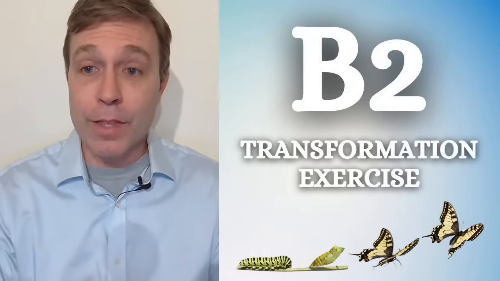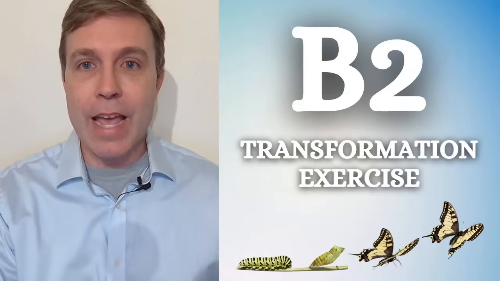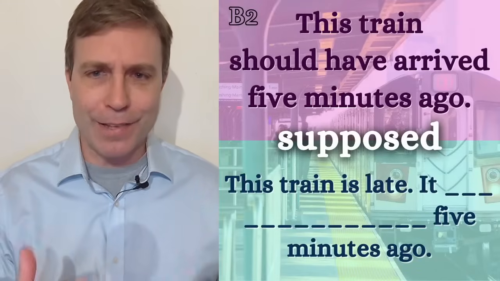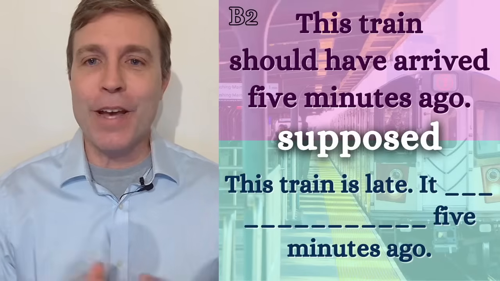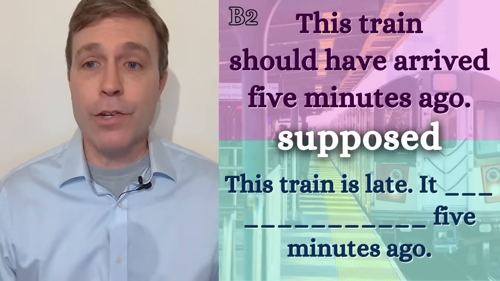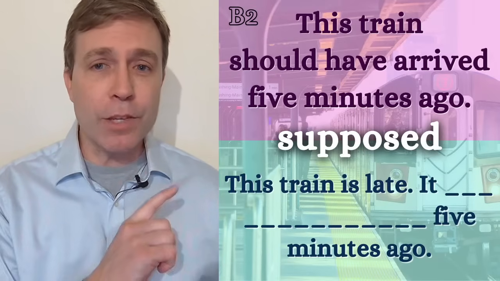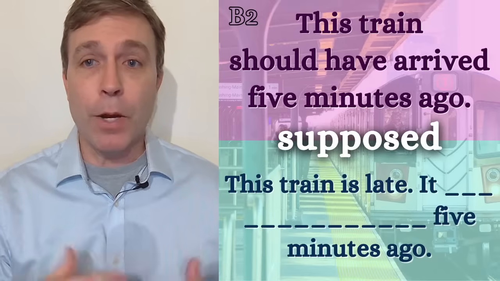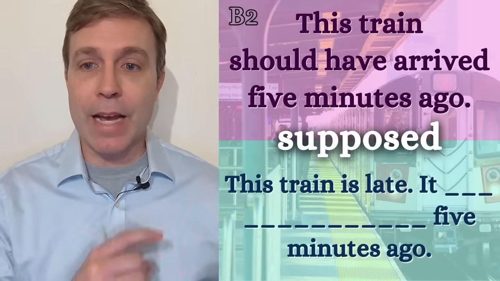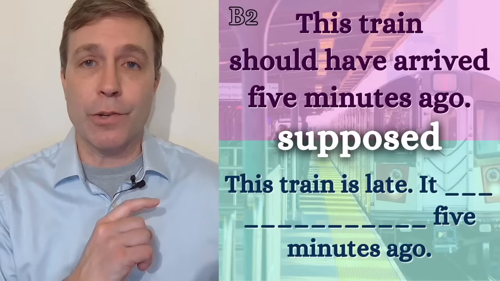Let's start with the first one, some B2 sentence transformations, and you'll have a better idea as I show you this. So you have this first sentence up here. This train should have arrived 5 minutes ago. I want you to use this key word, supposed, and put it in this sentence right here and complete it.